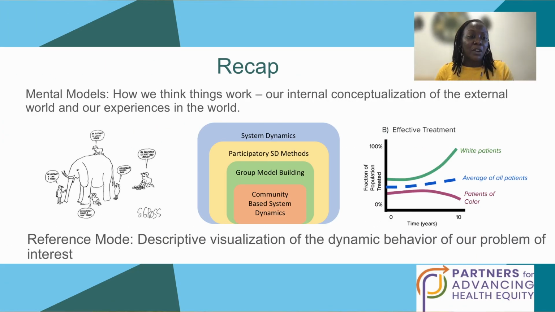And a second piece of the recap was that those mental models at the bottom of the iceberg basically are characterized by how we think the world works, right? It's our internal conceptualization of the external world and our experiences in the world, right? And so I put a reminder of the elephant, right?